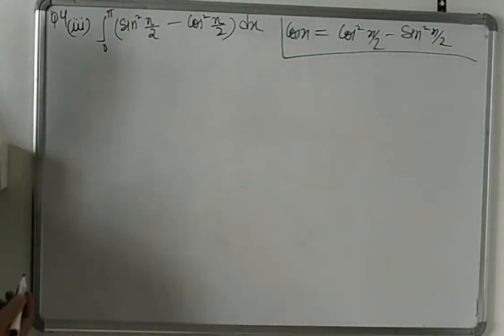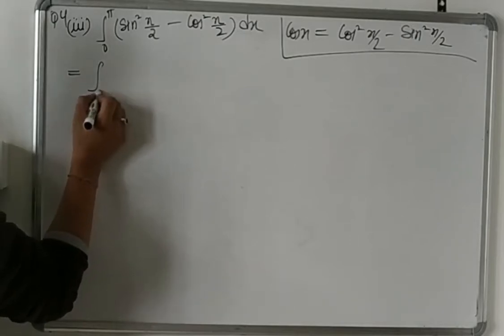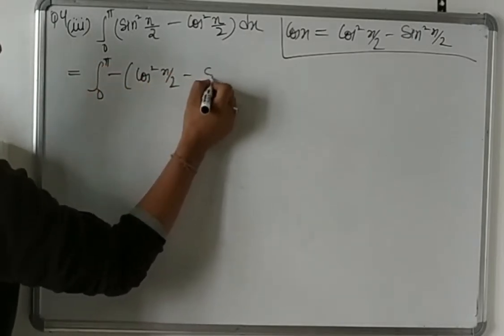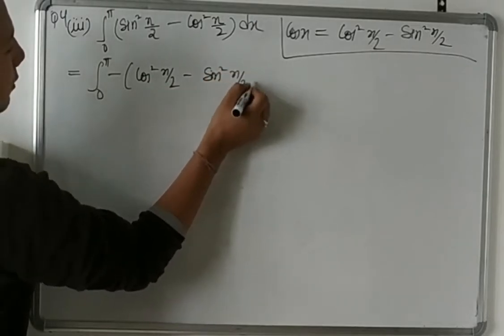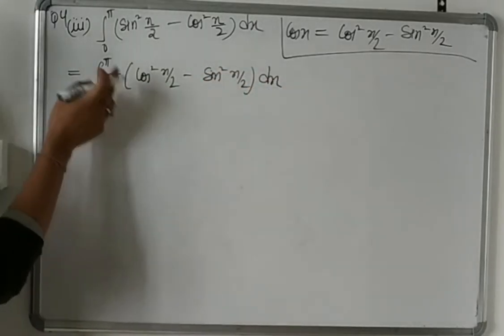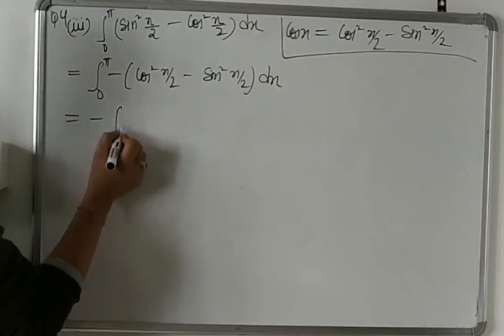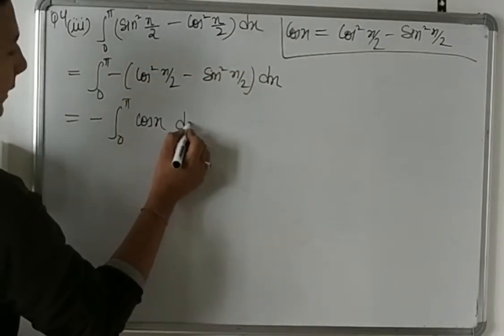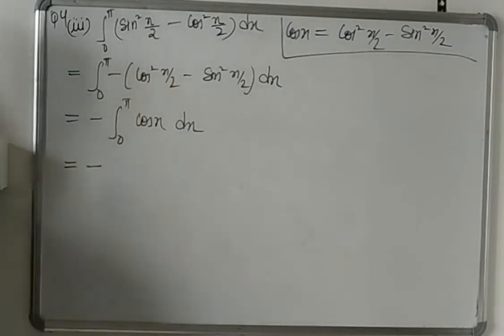Just take the minus sign out. So 0 to pi, take minus common, cos square x by 2 minus sine square x by 2 dx. Minus is a constant, comes outside. 0 to pi, we know the formula, this is only cos x dx. Now what is the integration of cos x? Integration of cos x is sine x, isn't it?